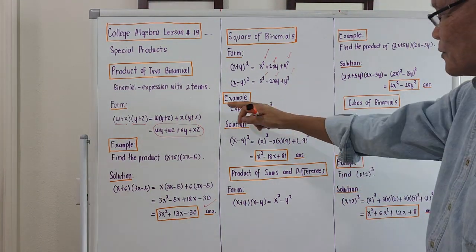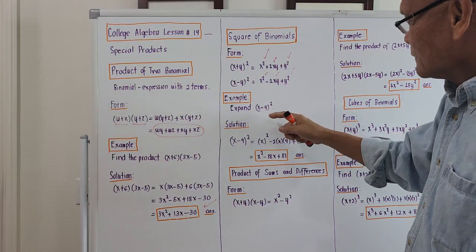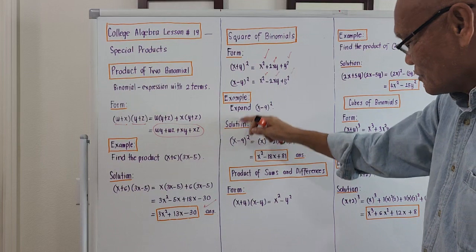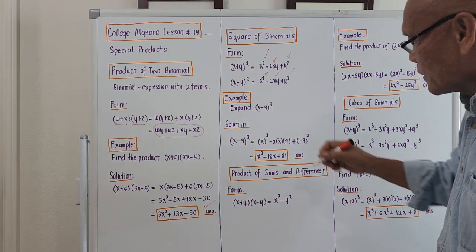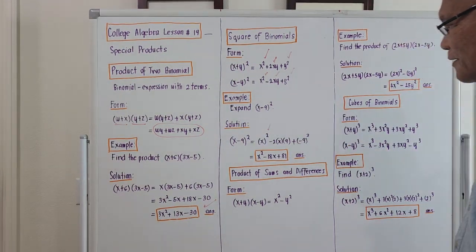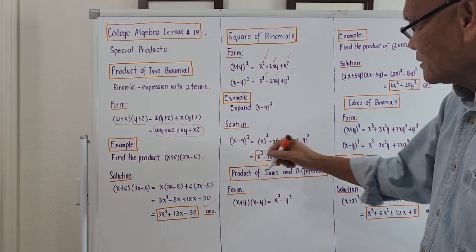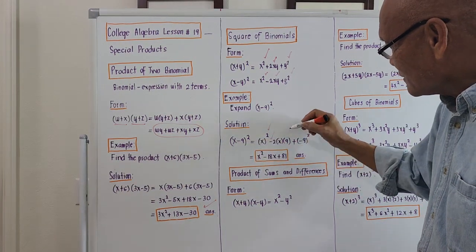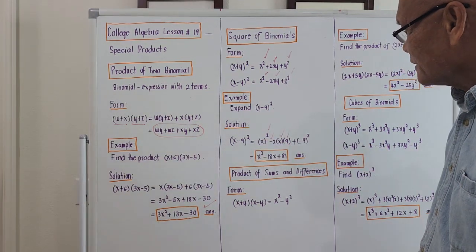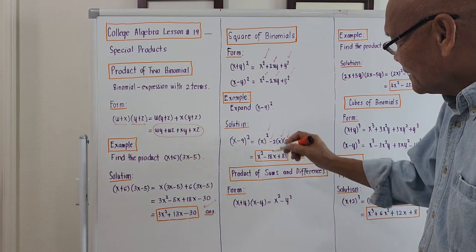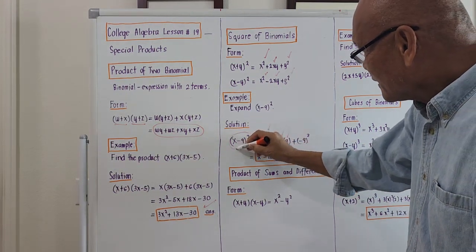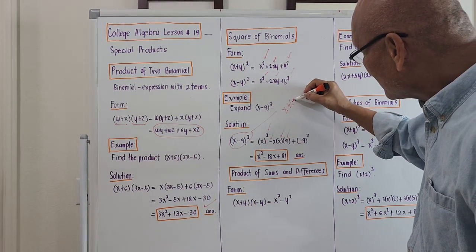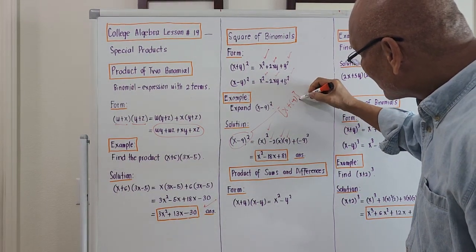An example of this: expand x minus 9 quantity squared. It will be the square of the first term. Since the sign here is negative, it will be negative twice the product of 9 times x. And the last part, you can write this one as x plus the quantity negative 9, all squared.